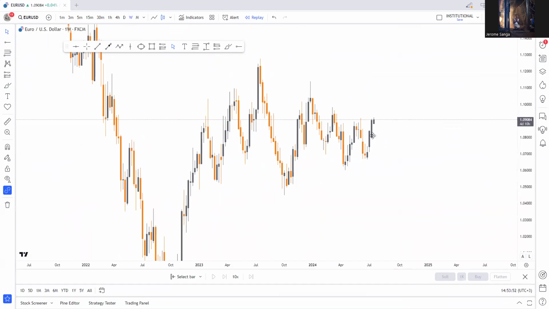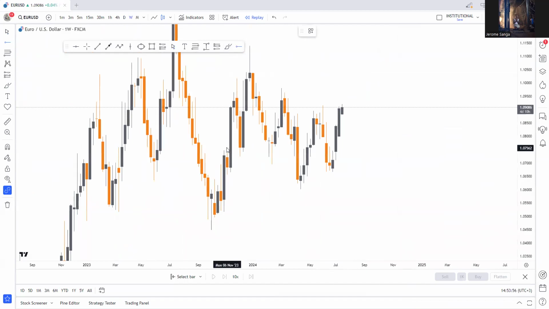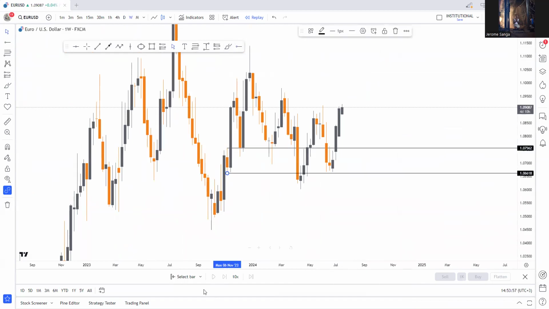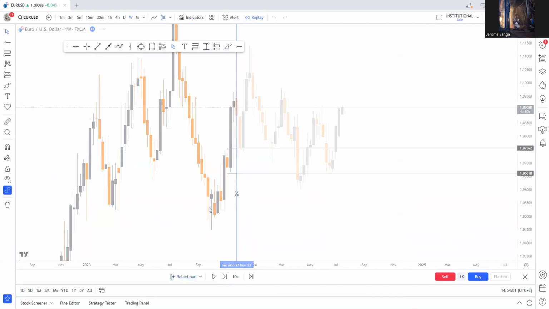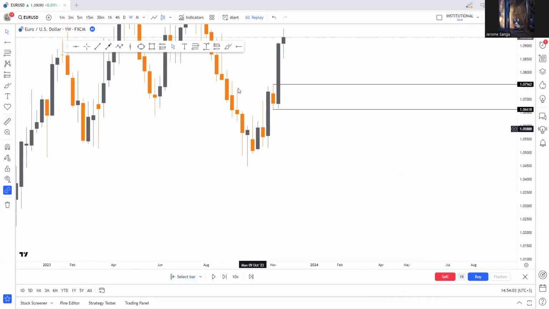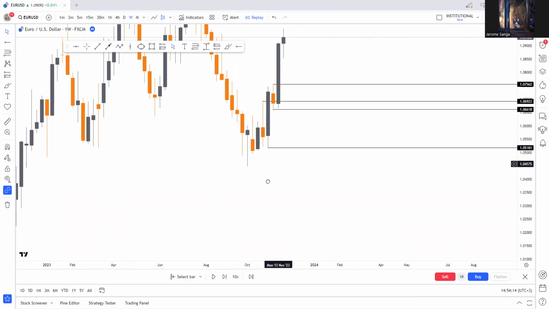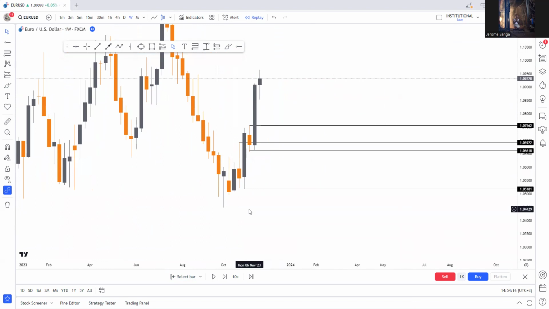So we have different areas of liquidity. We have this area of liquidity. Let me do this. We have this area of liquidity. We also have another area of liquidity here. I normally tell my students that whenever marking the areas of liquidity, make sure you consider the weeks, the validation and the invalidation points should be at the week.